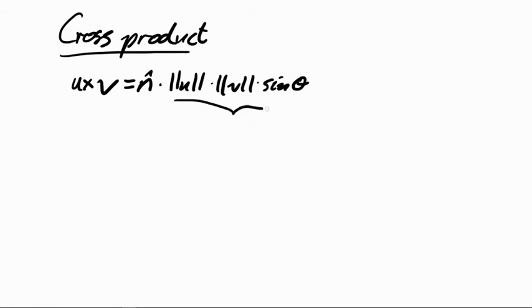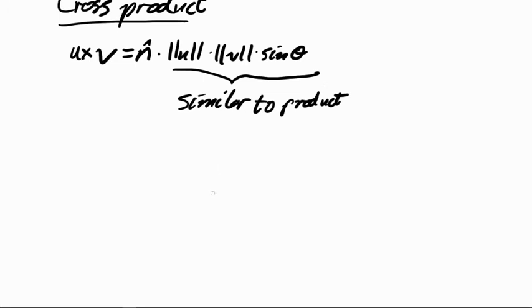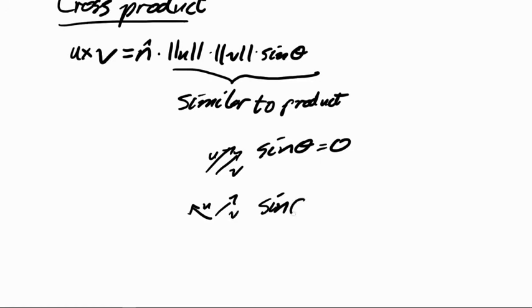So this bit is very similar to the dot product, but we've replaced the cosine with sine, and the effect this has is that now for two vectors in the same direction, sine theta is small, but for two vectors at right angles, sine theta is big.